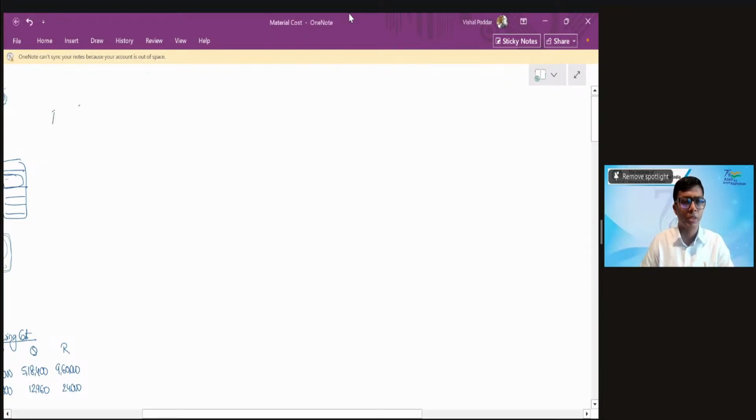I'm trying to first explain what a center is. So, center is a place, a person, an equipment, any of these things for which cost is ascertained.